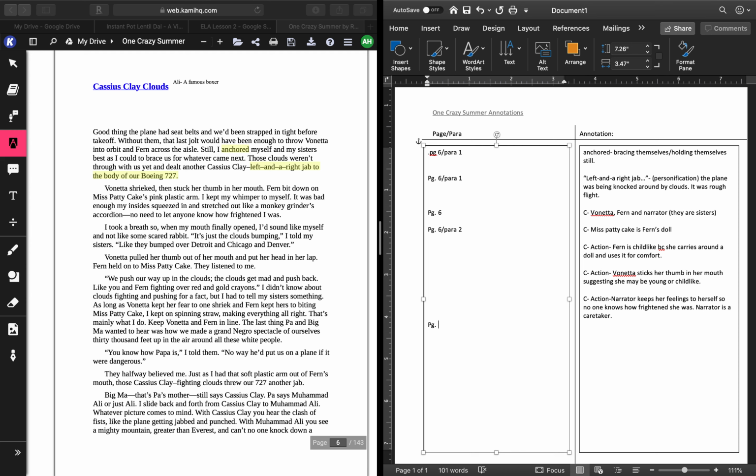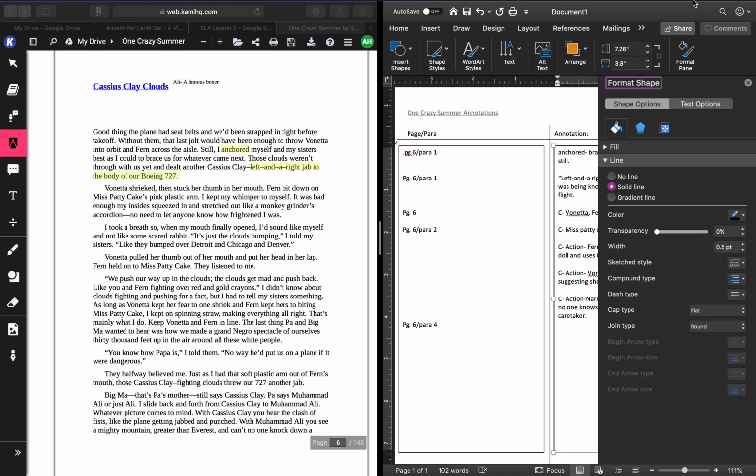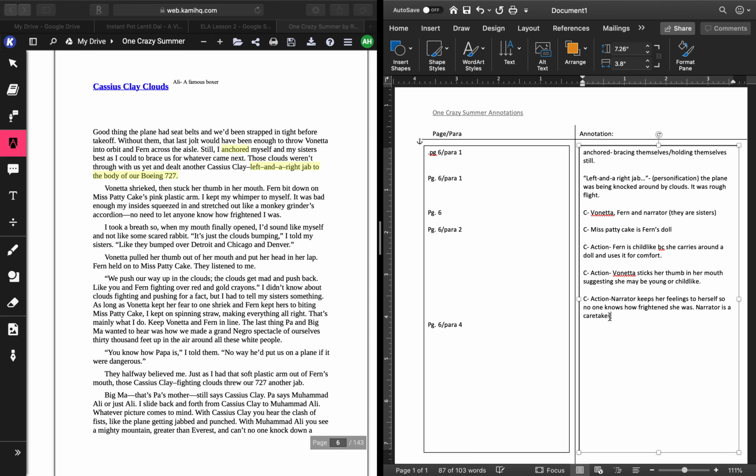All right, so we can tell that in paragraph 3, the sisters trust our narrator. So this is page 6, paragraph 4, actually. Sorry about that. So we know that our narrator is perhaps trustworthy. We talk about the effect that characters have on others in the story. So this is for character, and we're going to do effect. The narrator is able to comfort her sisters because they trust her.